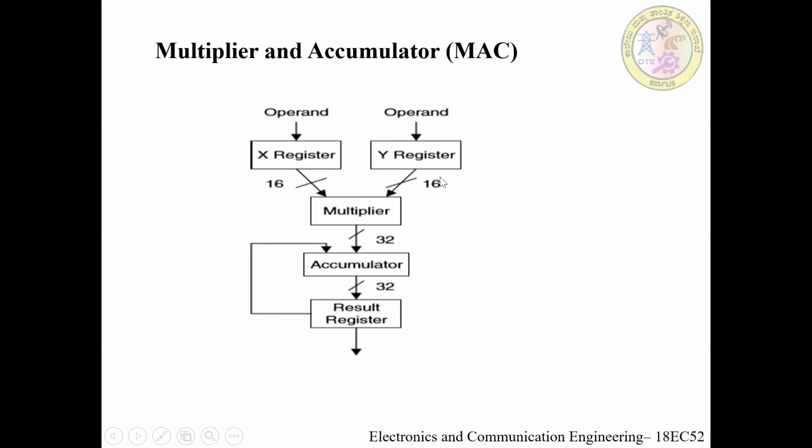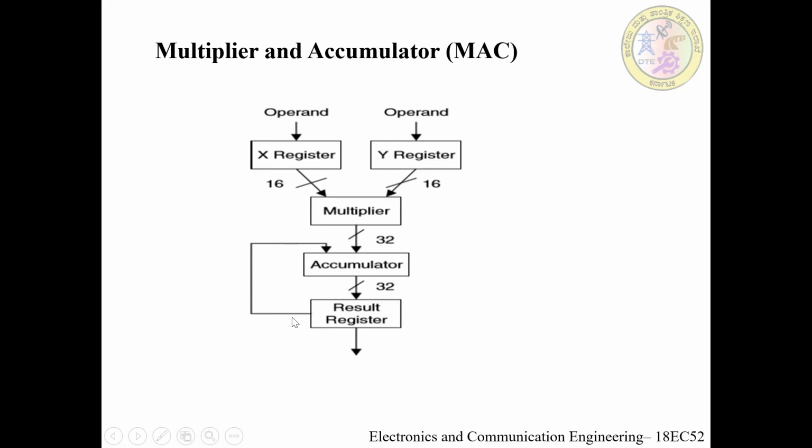The result of this multiplication is accumulated in a 32-bit accumulator here. This result register holds the double precision data from the accumulator. So this is a multiplier and accumulator unit which performs multiplication and accumulation.